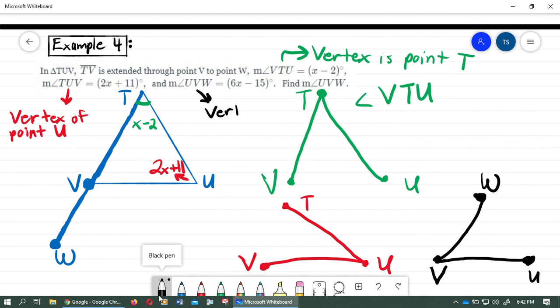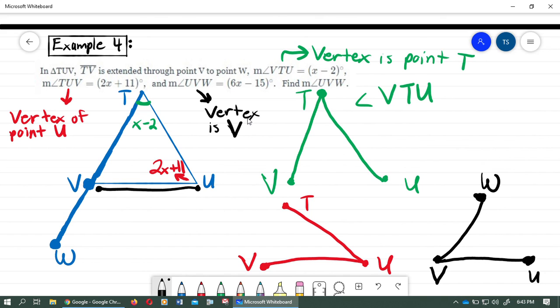Where the vertex is V. I know I drew that wrong, and I'm so sorry, folks.